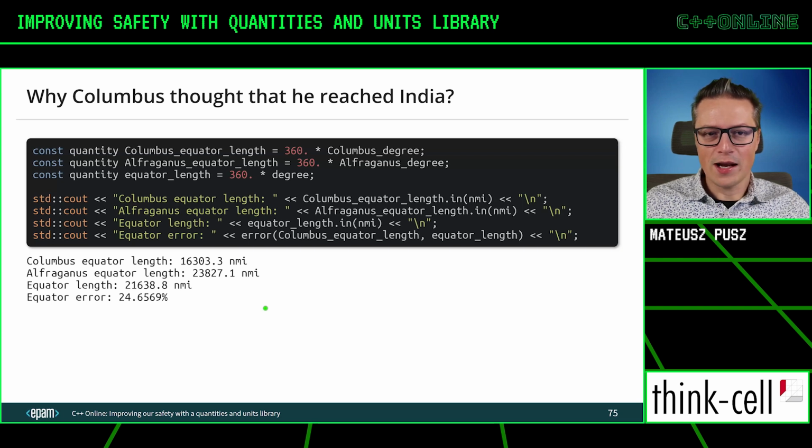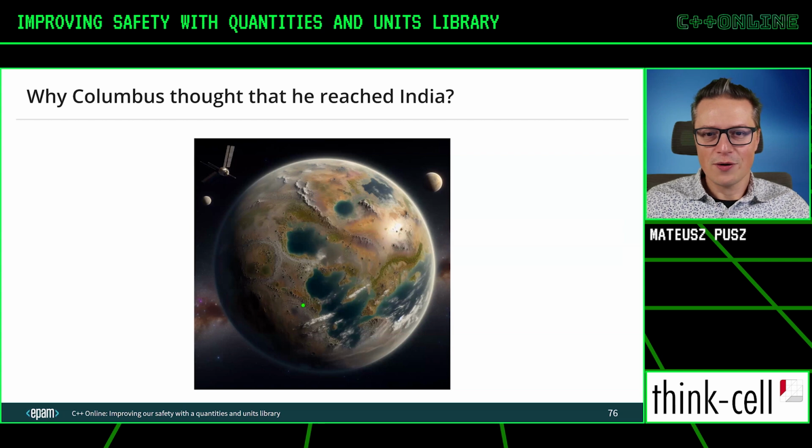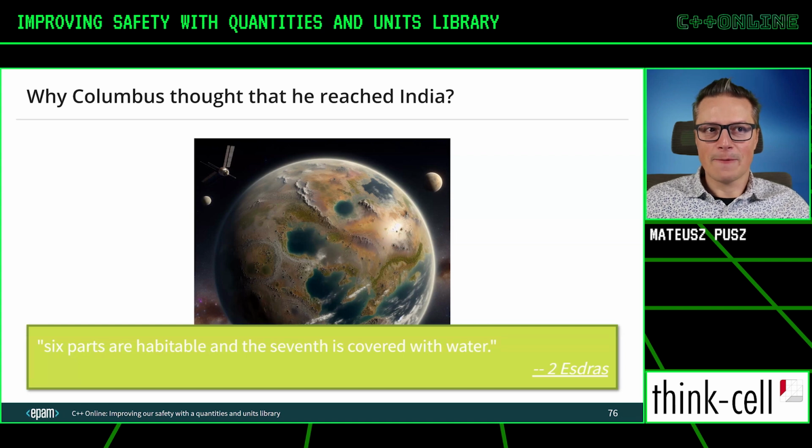Another mistake that was made by Columbus is that Columbus thought that the Earth looks differently than it actually looks. In some English versions of the Bible, there was a quote that 6 parts of Earth are habitable and the 7th is covered with water. And this is what Columbus actually believed.